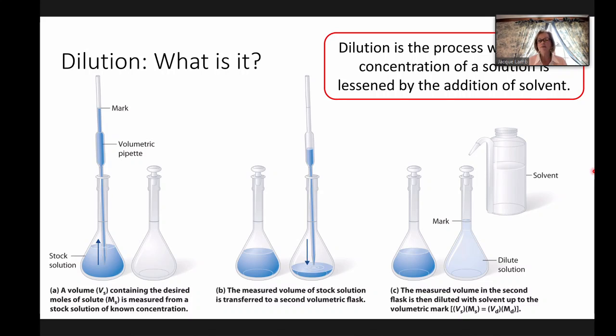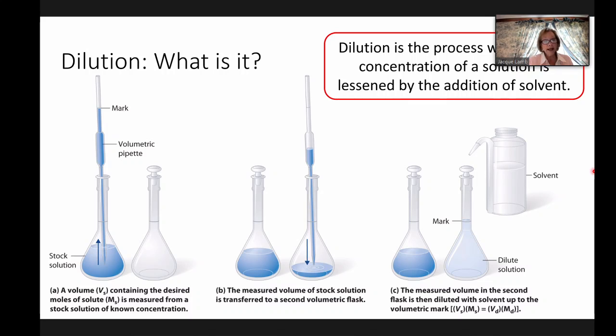If we have a 1 molar stock solution, we can make infinite numbers of solutions at lesser concentrations from that solution, and we only have to keep that one stock solution on the shelf.